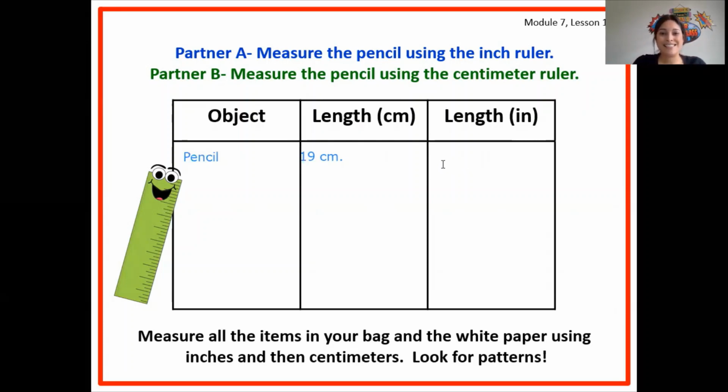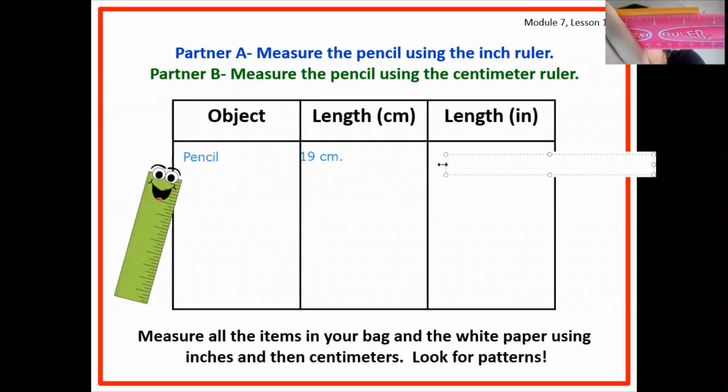And now that same pencil, I'm going to turn my ruler around and use my inch side. So I would put my pencil right at the beginning, remember, no gaps. And my pencil is about, it's exactly 7.5 inches. So because it's 7.5 inches, I'm gonna say it's 8 inches.